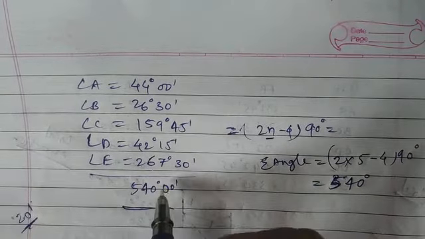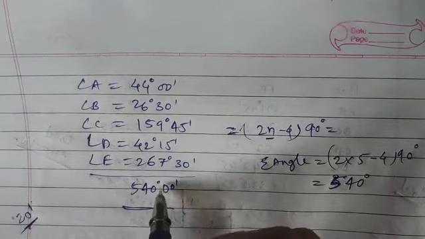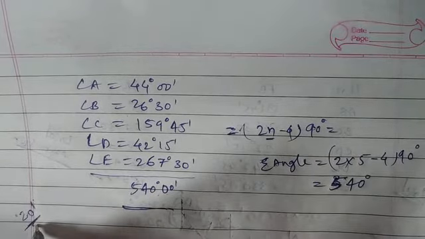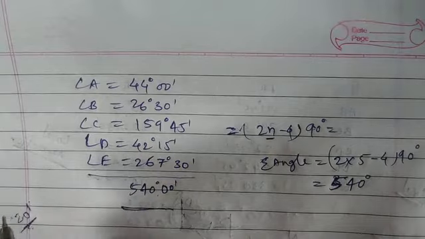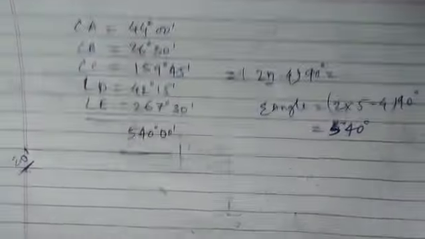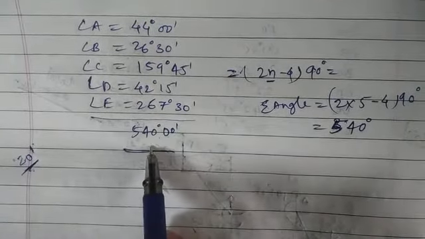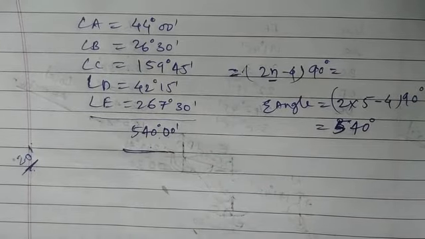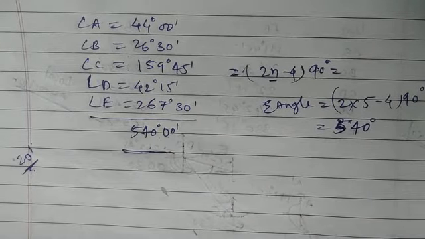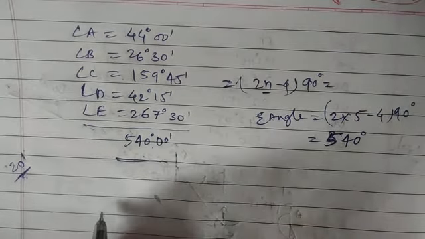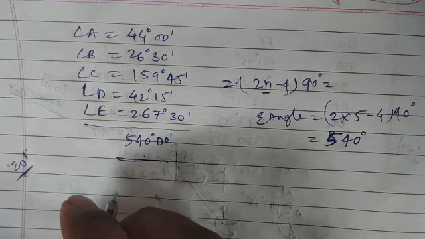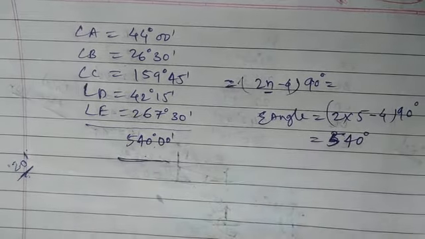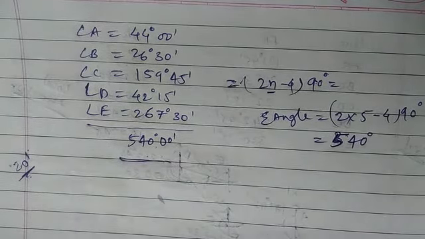If this is an excess value, then we have to deduct an equal part of the error from all angles. Here we have got exactly 540, so there is no need to correct these angles for any error. Now we'll see the correction of bearing, meaning how to correct the bearing, in the next video.